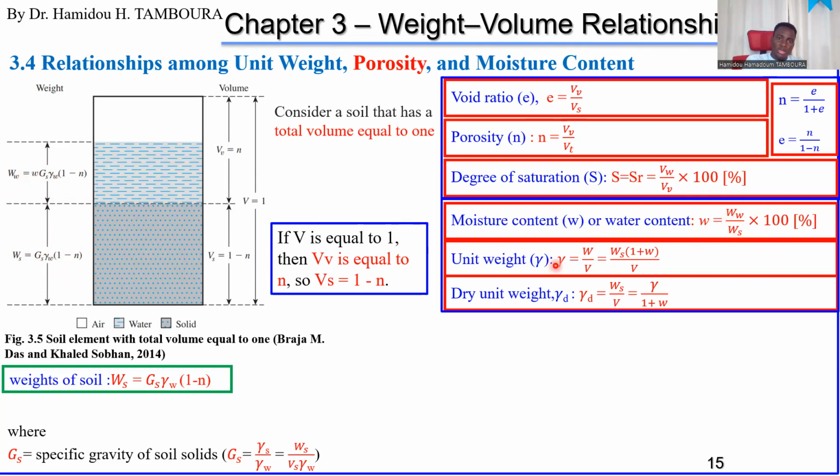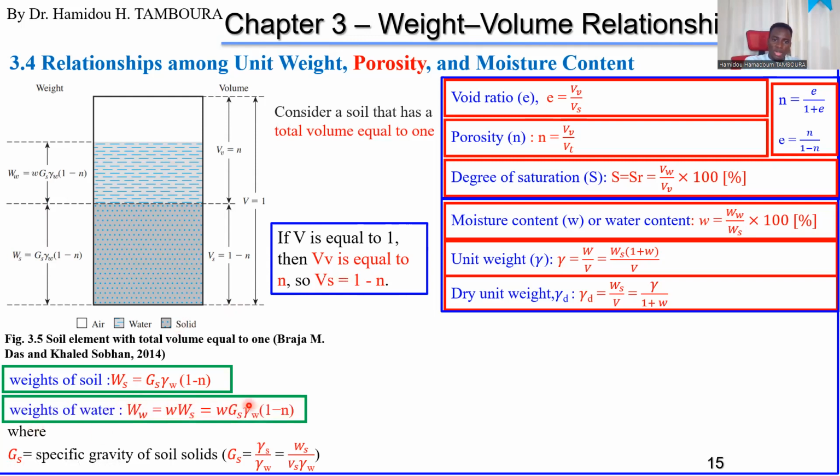Okay, in that case, I think after obtaining this weight of water, we have everything we needed. All the weights and the volumes of the 3 phases we can obtain now. Okay, so we now try to obtain these 6 formulas by using this.